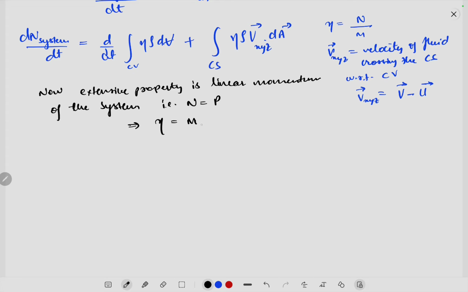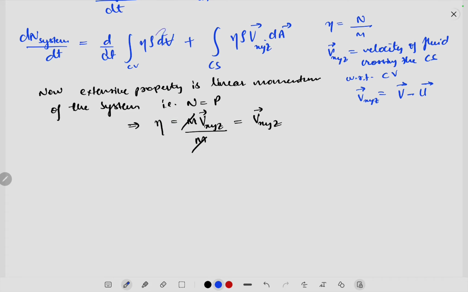And what is the velocity of the system? Velocity of the system is simply v_xyz. So the mass would cancel out, and we will be left with the v_xyz vector. Okay, so this eta can be a vector or can be a scalar. Please keep this in mind.